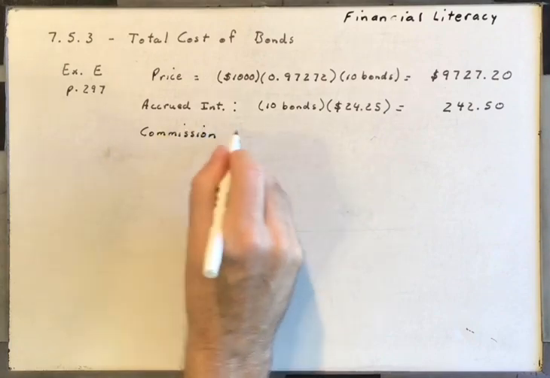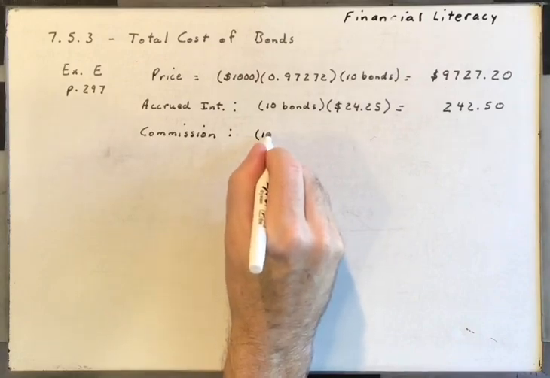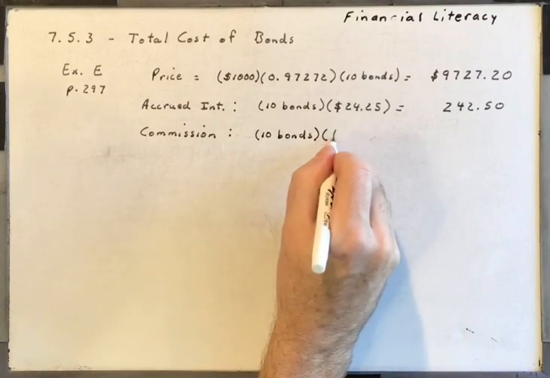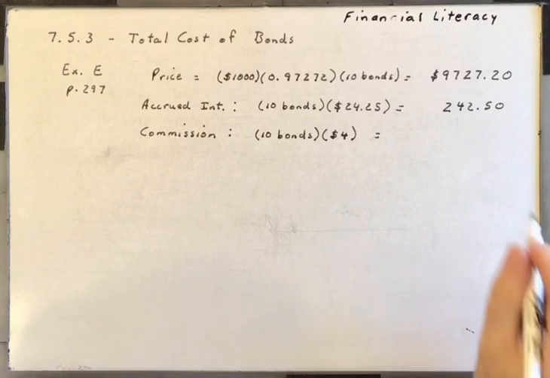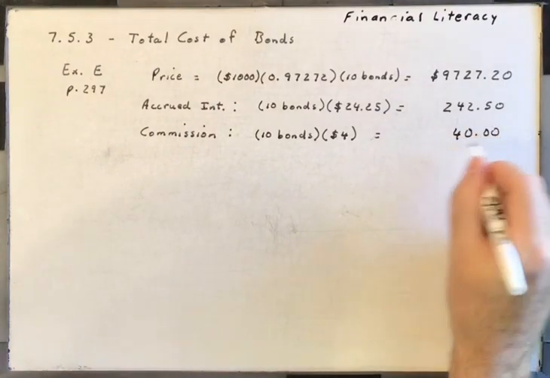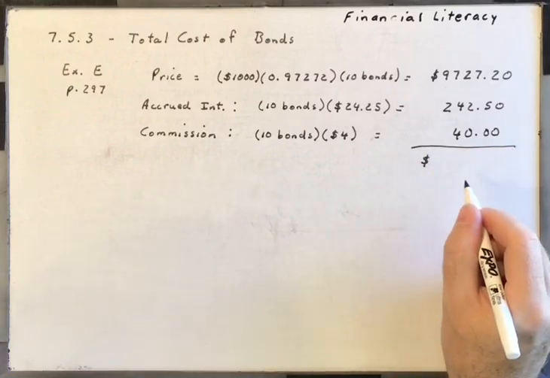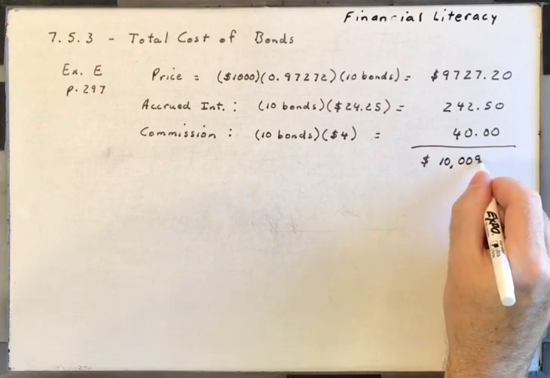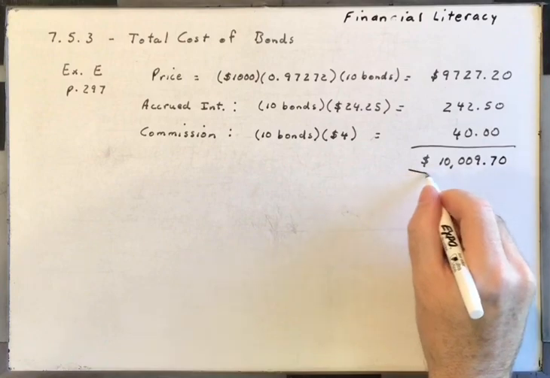And so they're going to get a commission. And the commission is $4 a bond. So 10 bonds times 4 clams. That's a pretty small commission. You could do a lot worse. So add those up and you have $10,009.70.